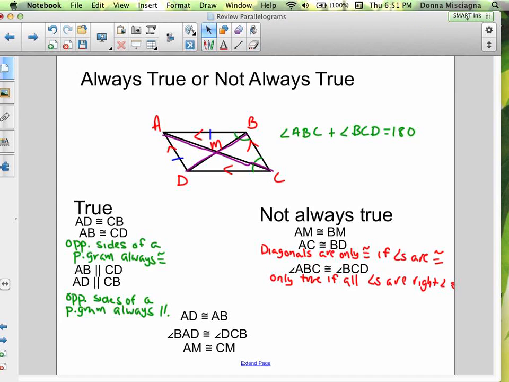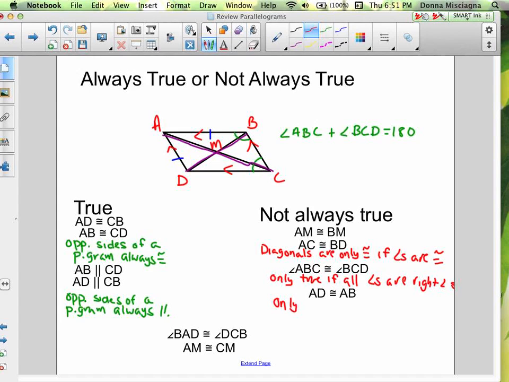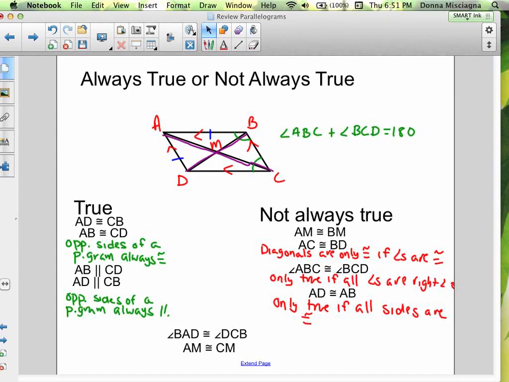Although it's just a model, right? We shouldn't go by the diagram to determine whether something is true. We have to use our knowledge of parallelograms. But that's not always true. As a matter of fact, that would only be true if all sides are congruent. And all sides of a parallelogram don't have to be congruent. Right? We got 2 more.